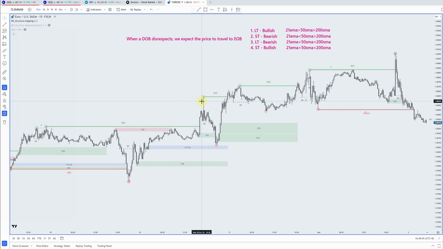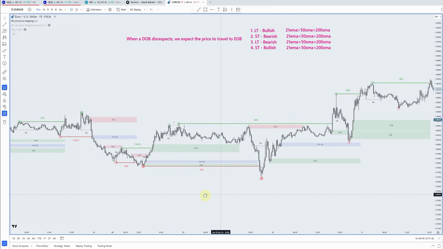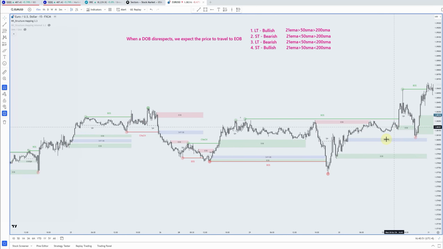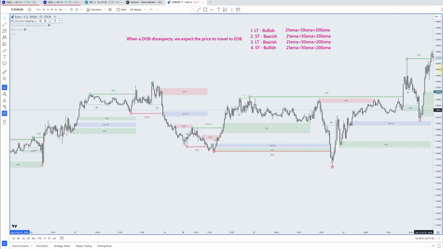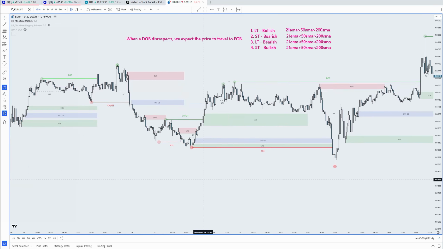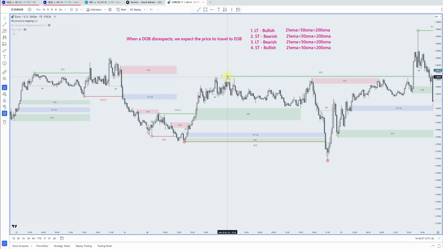Like I said, you don't need to use them all the time. Go to the previous range. So what is the previous range? This one is the high, this one is the low, and this one is the high. And after this QM, you are at the DOB.